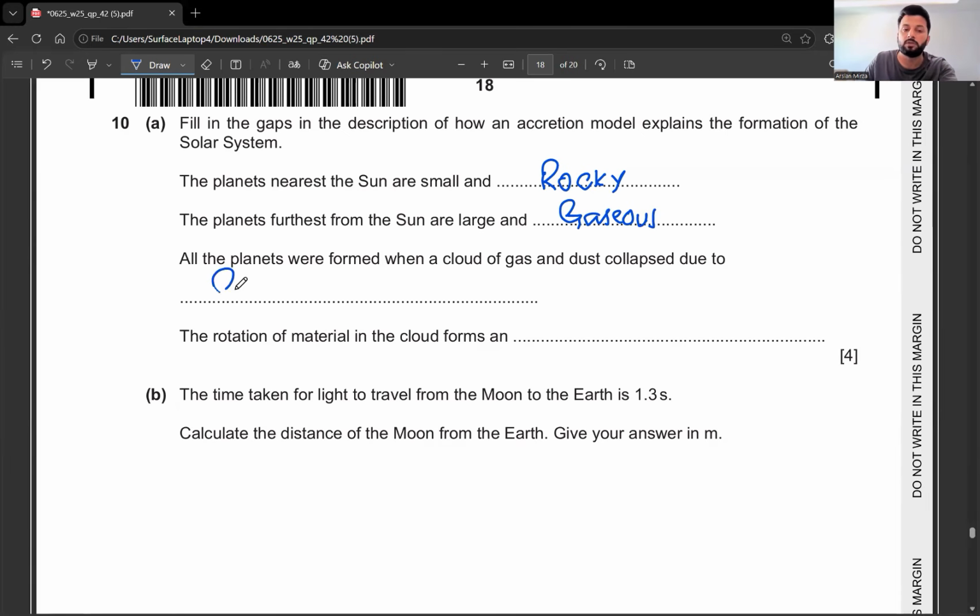Because of gravitational force. Where there is a mass, there will be gravitational force. The last thing is the rotation of material in the cloud forms the accretion disk. So you will get 4 marks.